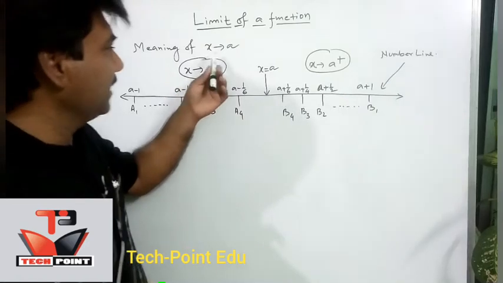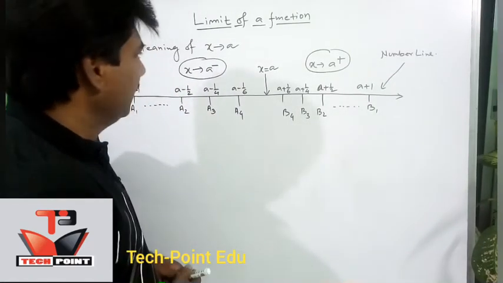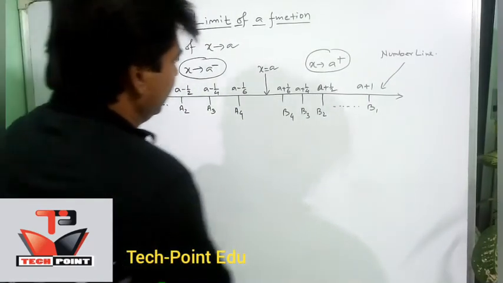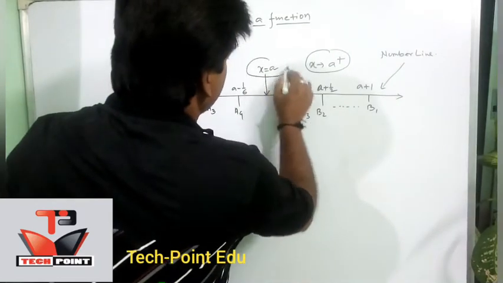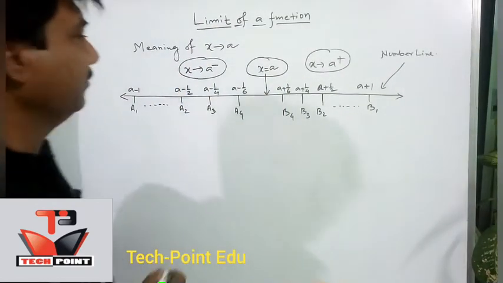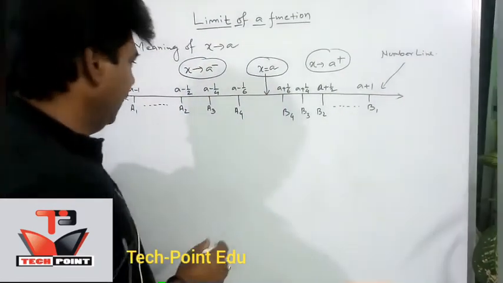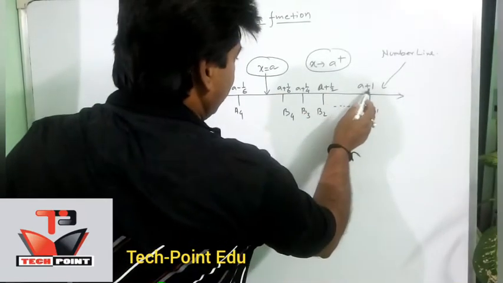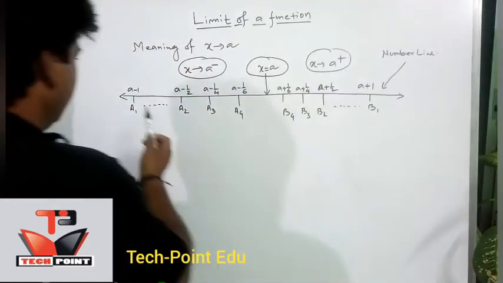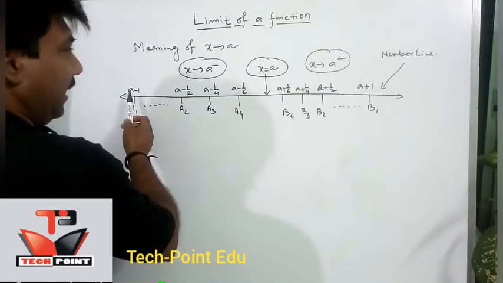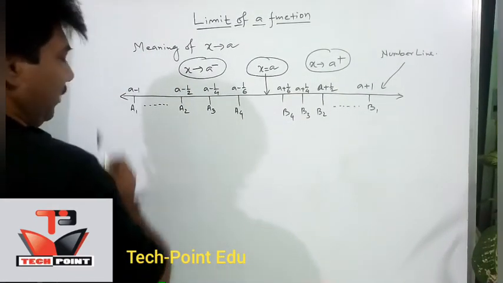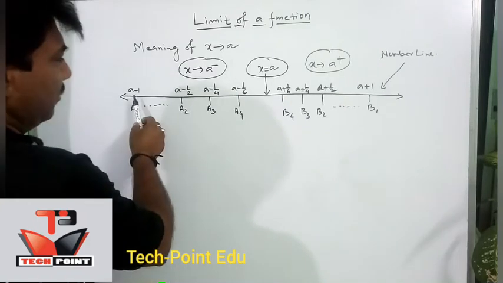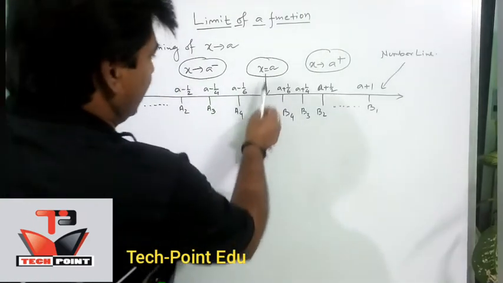I have taken x equal to a as this point, and a plus 1 is this one, b1, and a minus 1 as a1. And similarly, gradually we are going towards x equal to a.